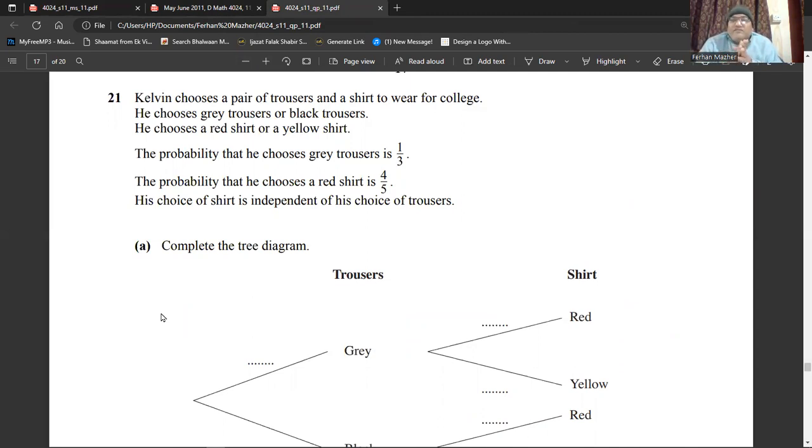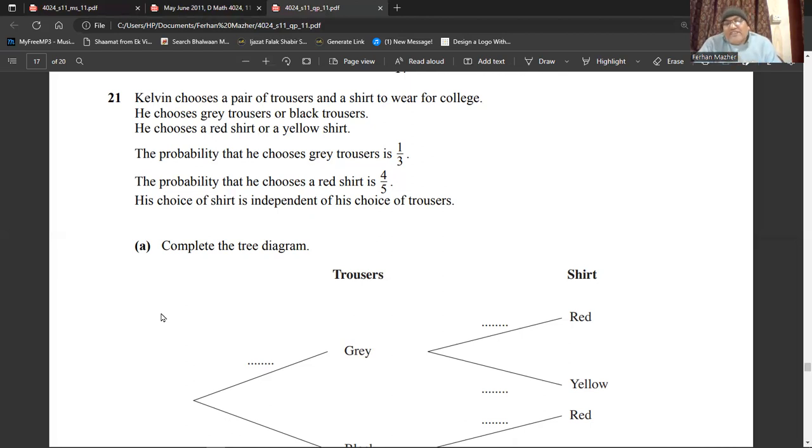It means out of 3, one chance is that he will choose gray trouser. So the black trouser, its chance will be 2/3, because he has gray trousers or black trousers.